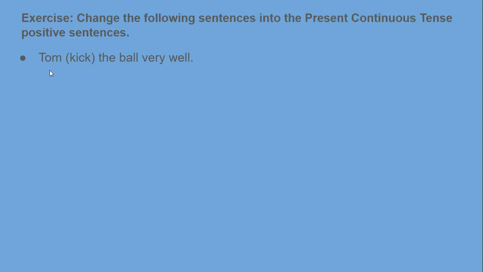So the sentence here, Tom, we've got the subject. Tom, it's a he. That's the subject, he, right? Then we've got kick. So we need to make it a gerund. We put the ing at the end. But remember, it is the present. So we need the verb to be before the gerund. So then we have to put is here after the subject. So the correct sentence then is, Tom is kicking the ball very well. So that's the correct sentence.